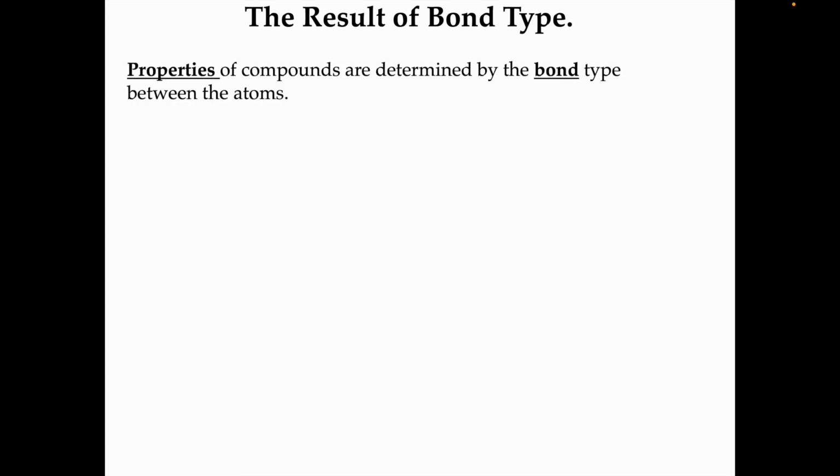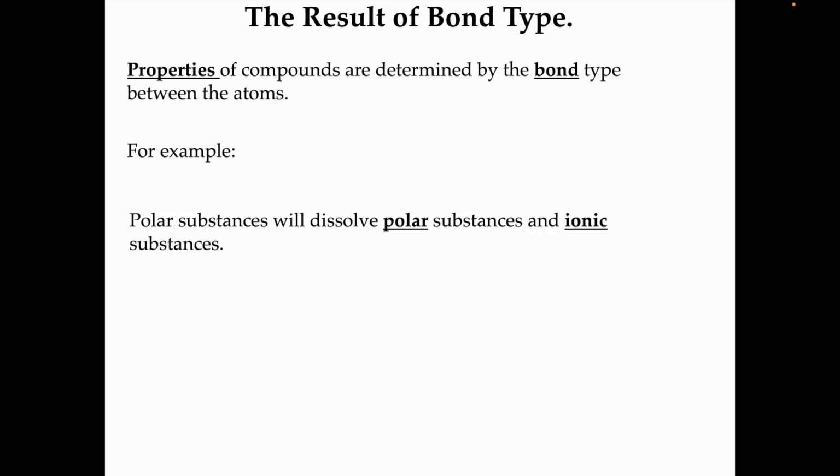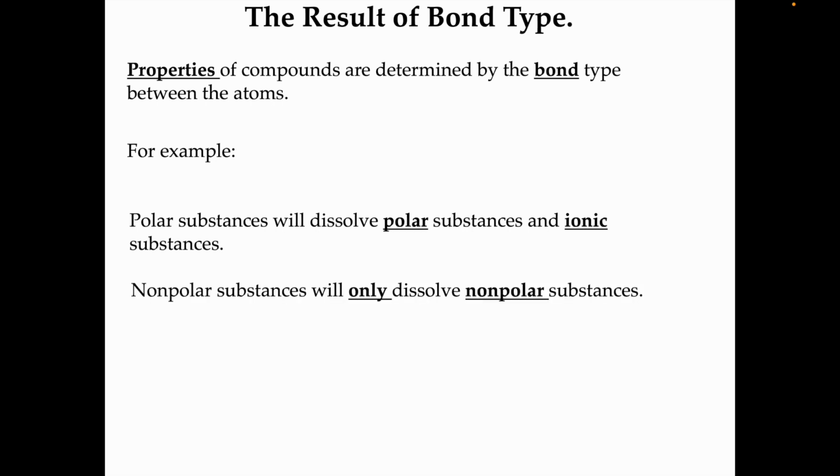So let's talk about some of the importance for polar and nonpolar bonds. First off, a lot of properties of compounds can be determined by the bond type between the atoms. So for example, polar substances will dissolve polar and ionic substances, okay? But nonpolar substances will only dissolve other nonpolar substances, okay?